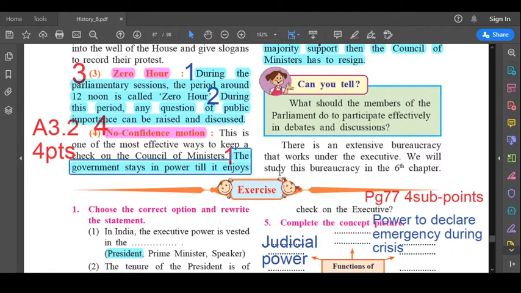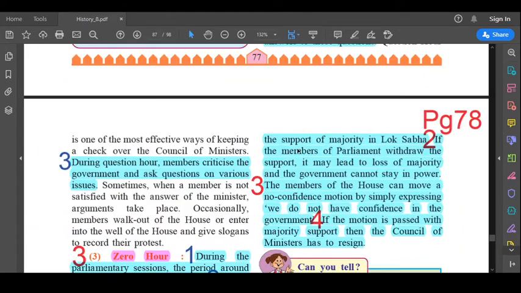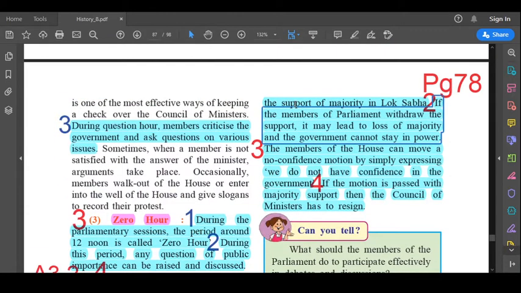The government stays in power till it enjoys the support of the majority in the Lok Sabha. Now continuation of this point is on the right hand side. Second point, if the members of parliament withdraw the support, it may lead to loss of majority and the government cannot stay in power.